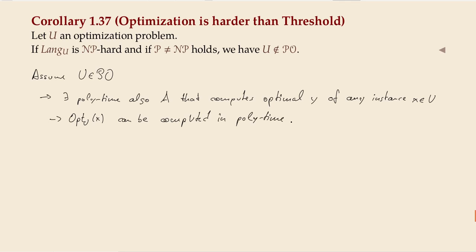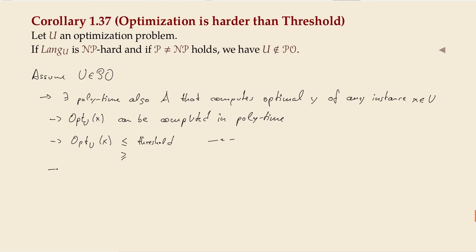Well, and then we only have to check opt_u of X less or equal or greater equal, depending on the goal, than a certain threshold, which can be computed in poly time.